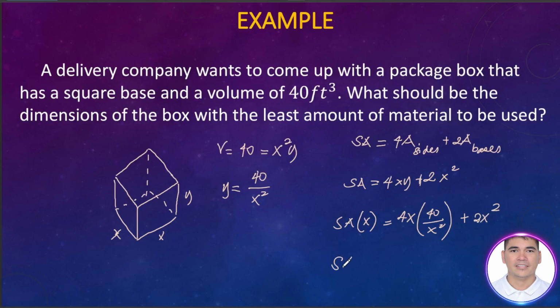Simplify. Surface area equals, here we can cancel x, so 4 times 40, that is 160 over x plus 2x squared.